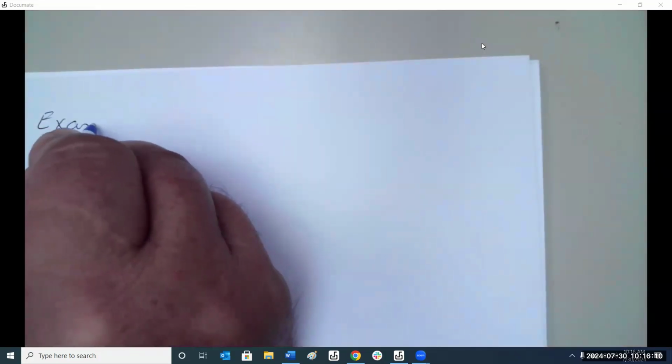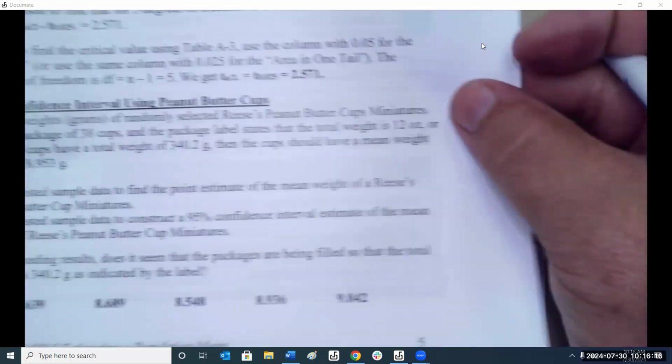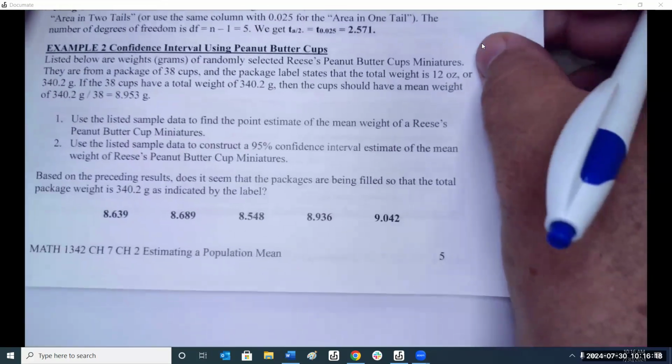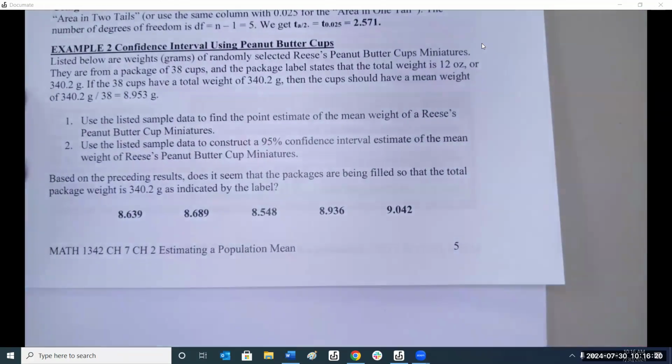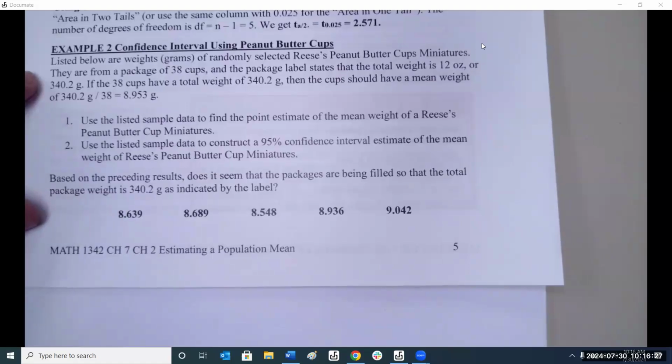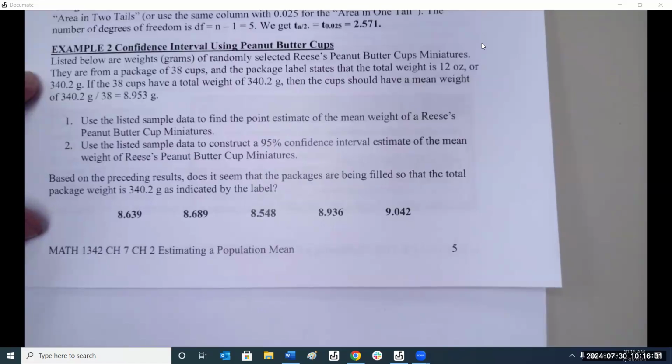All right, another example, example 2. It says confidence interval using peanut butter cups. Listed below are weights of randomly selected Reese's peanut butter cups miniatures.